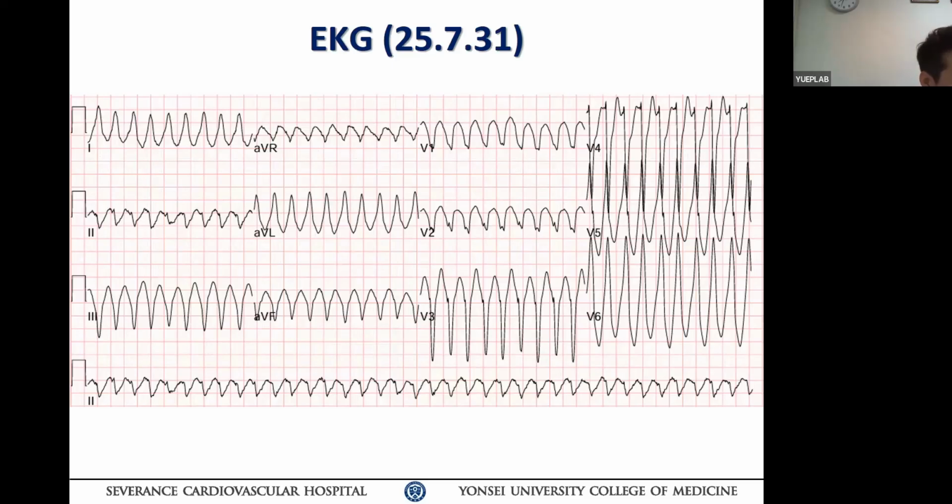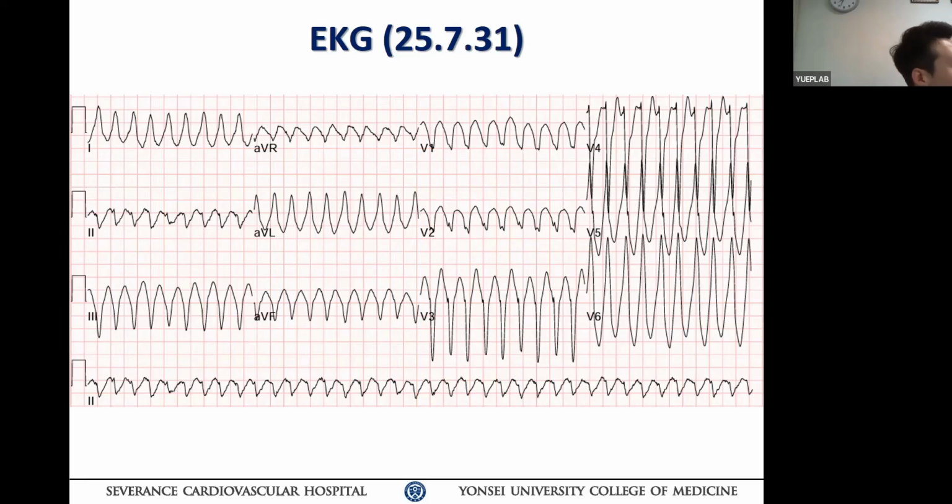I think it's ventricular tachycardia, and maybe the origin comes from the right side, and the direction affects the transition zone. Maybe V5. Right. Yeah, that's it. I can't say the exact origin site.